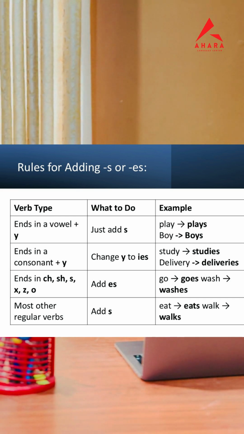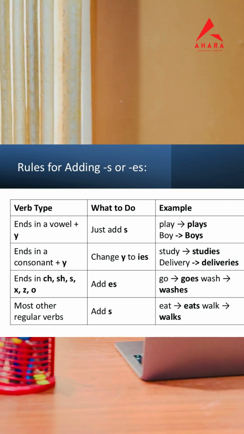Then the other rule: if a verb ends in a consonant with y, let's see, study, delivery. If you take these two words, before y at the end of the word we can see D, a consonant, R is a consonant. In such scenarios, we will remove y and we will add IES at the end of the word.